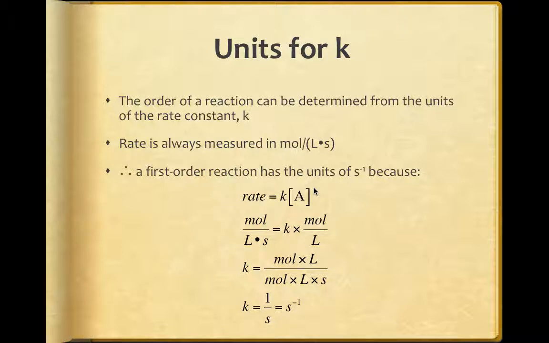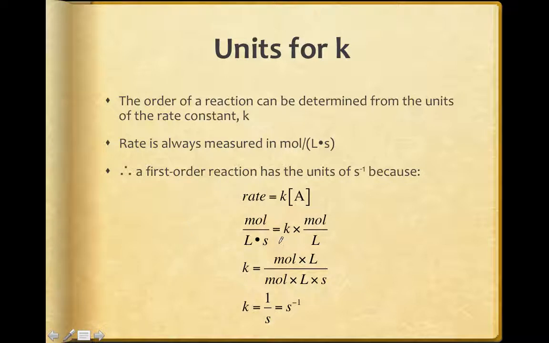What we're going to do is some unit analysis, where I'm going to plug in the units for each of these entities. Our units for rate are always going to be moles over liters second. So that's equal to k, and we're going to try to isolate for the units of k. And the units for concentration are moles per liter. Now we're going to cancel these out to figure out what the units are going to be.